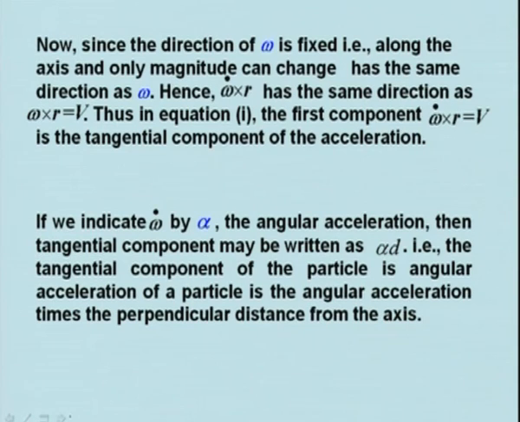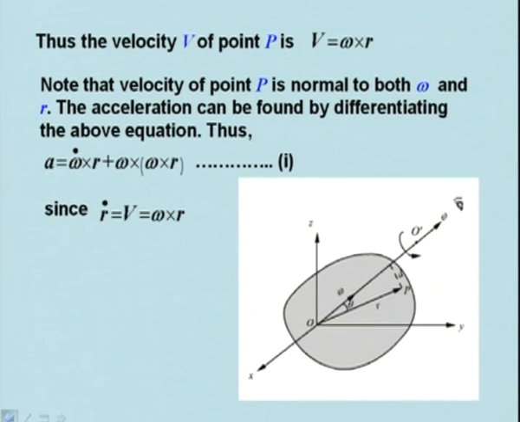Now, we are discussing the case in which the axis of rotation is fixed, so the direction of omega is fixed, along the axis, and only the magnitude can change. So omega dot has the same direction as omega.